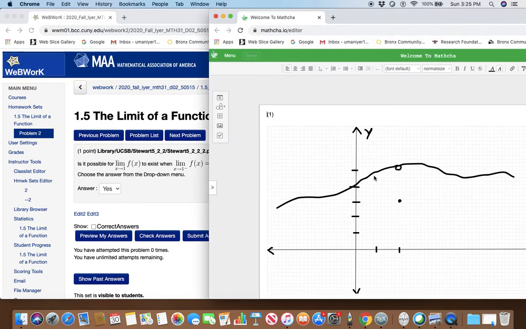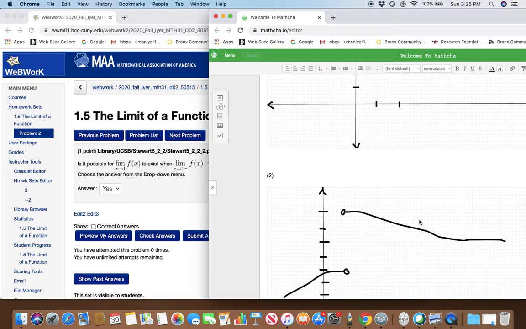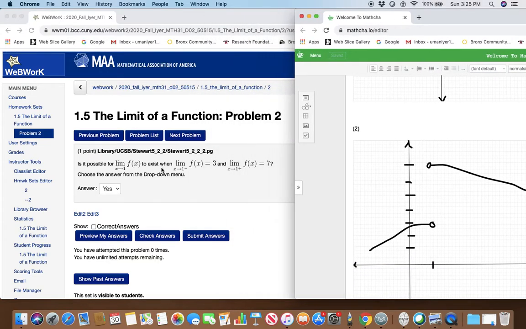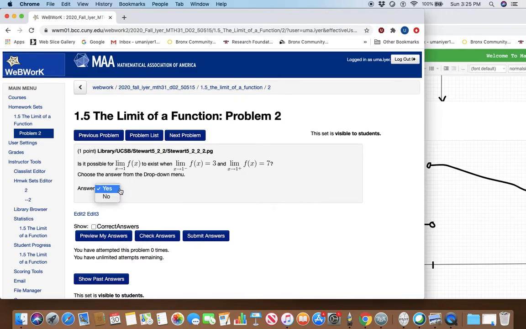Okay, here is a picture of what they are saying. As x approaches 1 from the left, the limit is 3. As x approaches 1 from the right, the limit is 7. Notice how they don't match. So the limit does not exist.